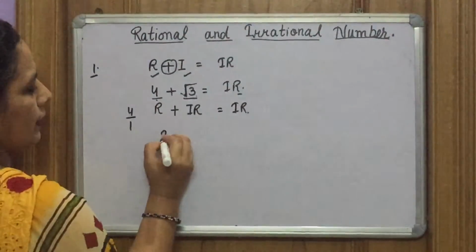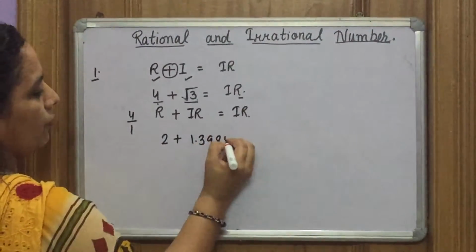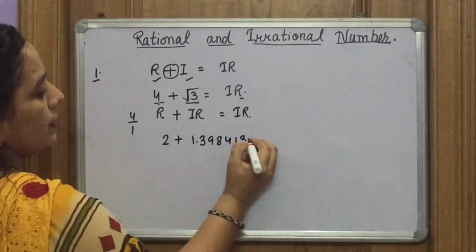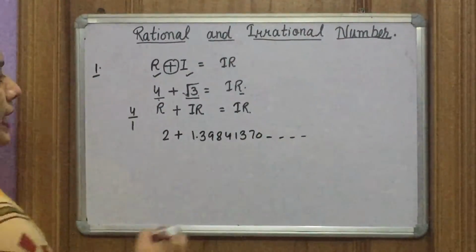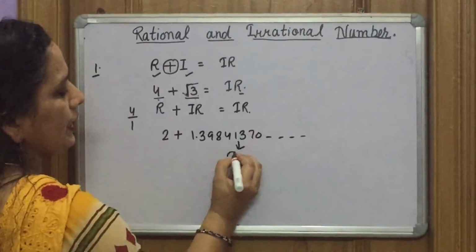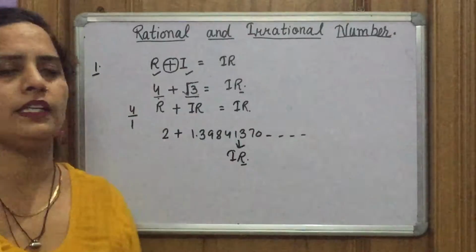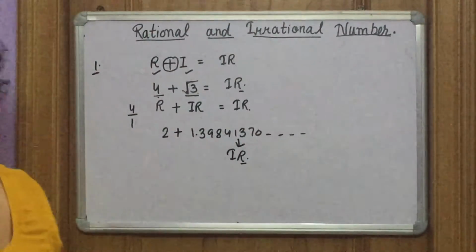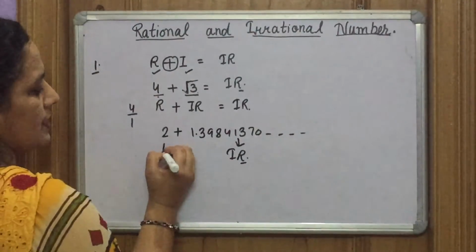One more example. 2 plus 1.39841370 and so on. As you know, this number is irrational because the decimal form is non-terminating as well as non-recurring, and this 2 is rational.